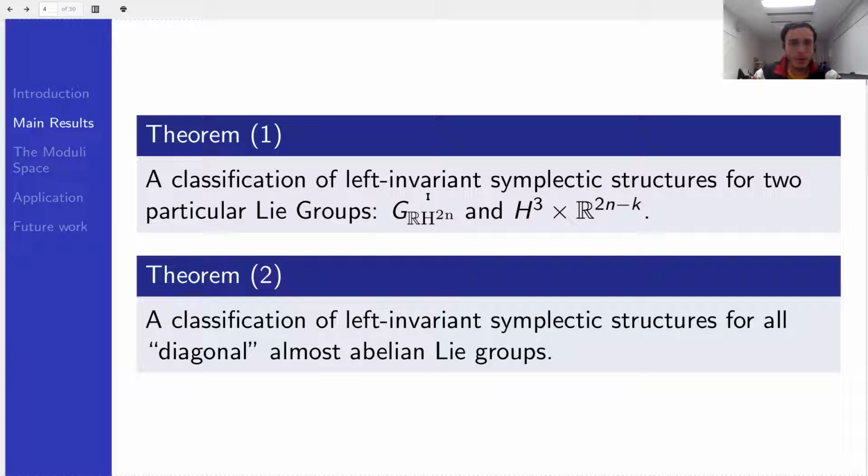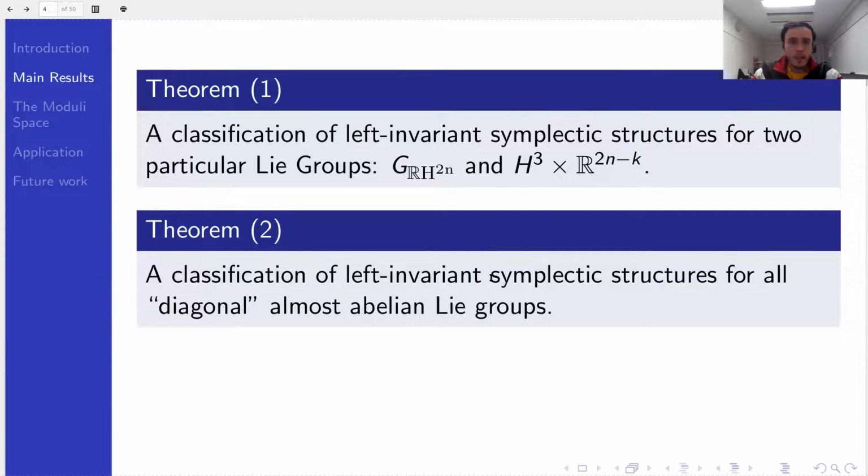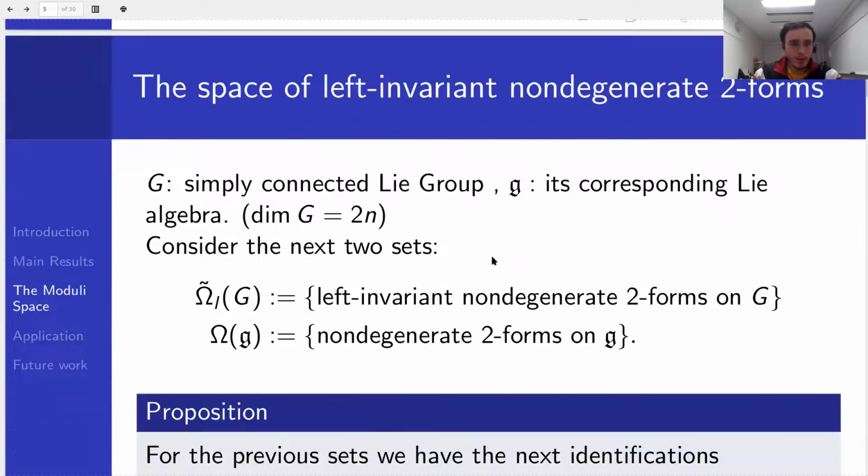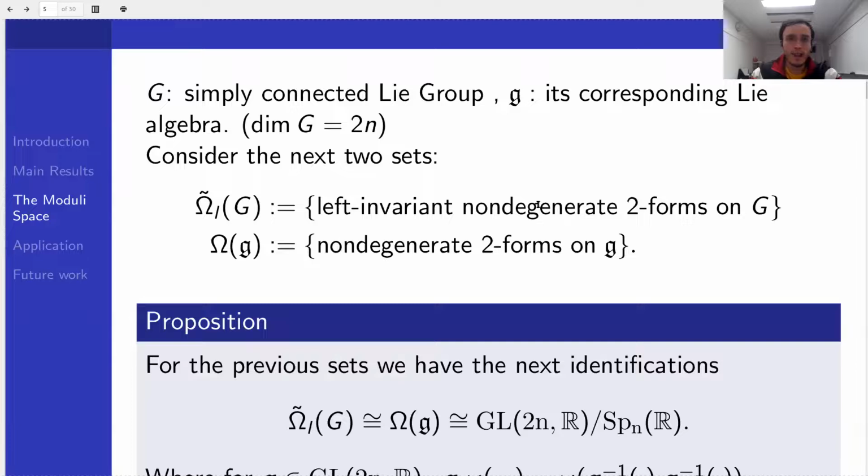I will explain later in more detail what these 2 theorems mean, or the definition of these groups. But before this, I would like to state the setting of the problem and the main strategy to get to those results.